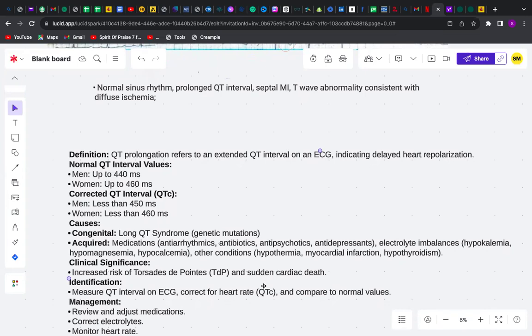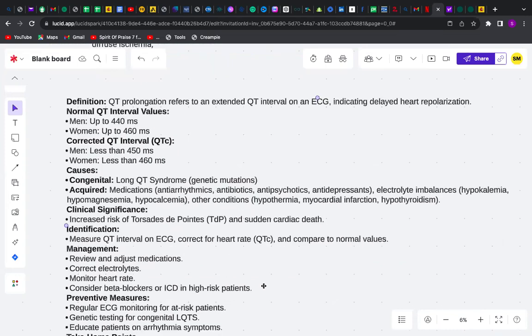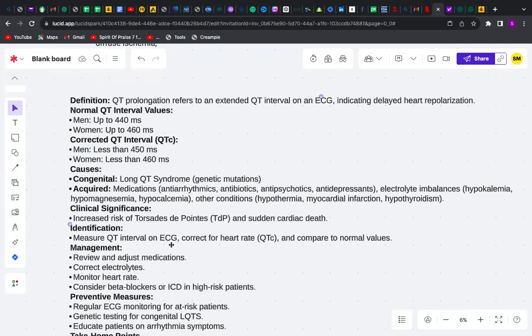So what then can we say? In order to check, like I said earlier on, you have to measure the QT on the ECG, correct for the heart rate using the QTc, the QT correction, and then you compare the values to the normal.